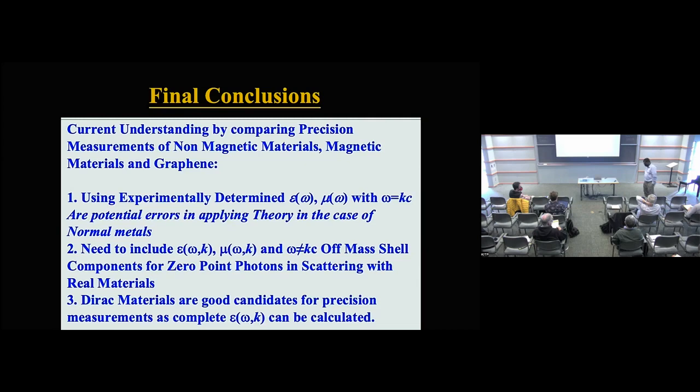So you don't need to include the k dependence in mu separately. It's either epsilon of omega and k, with mu equal to 1, or epsilon of omega plus mu of omega. These two ways are equivalent, and that was previously elaborated by people like Agranovich. There are papers there. I can send you the references. Okay, great. Thank you.